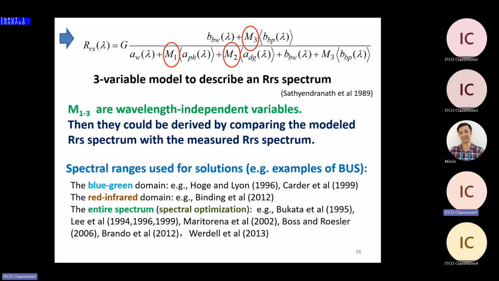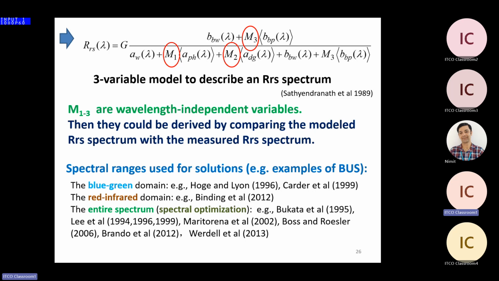There are ways to do it, like spectral optimization, or using lookup tables, and other ways. As I showed for this bottom up, we go block by block, following the radiative transfer, and then we get a remote sensing reflectance model. Then we try to match this modeled Rrs with this measured Rrs.